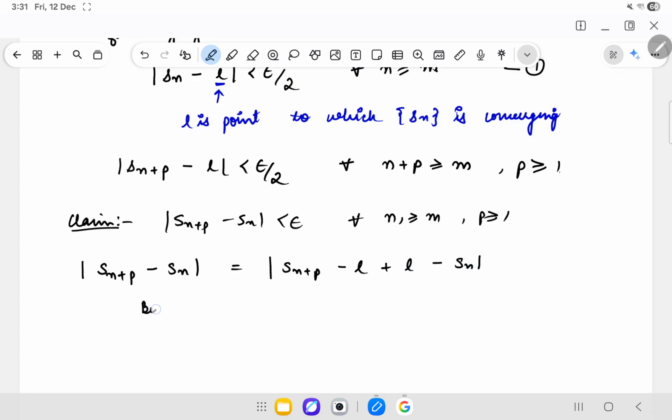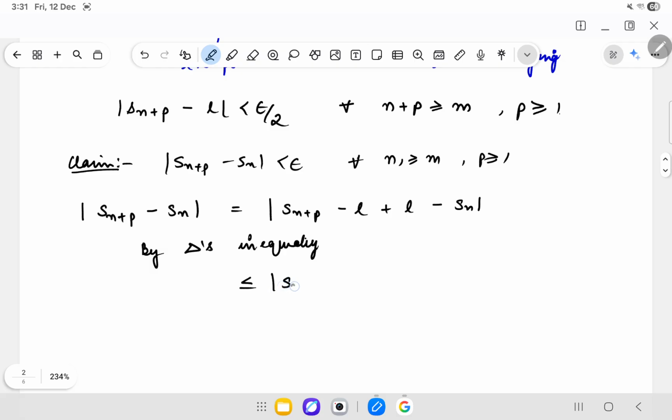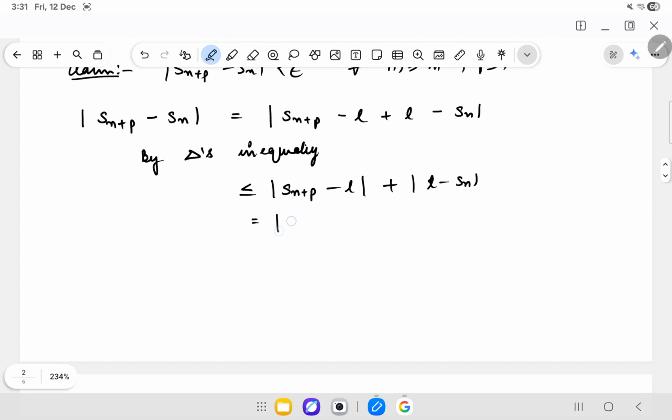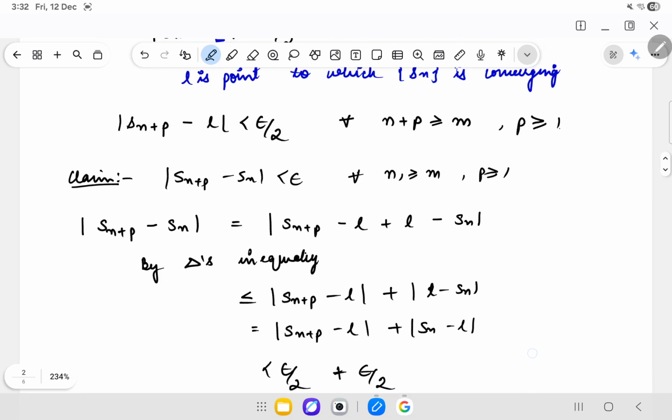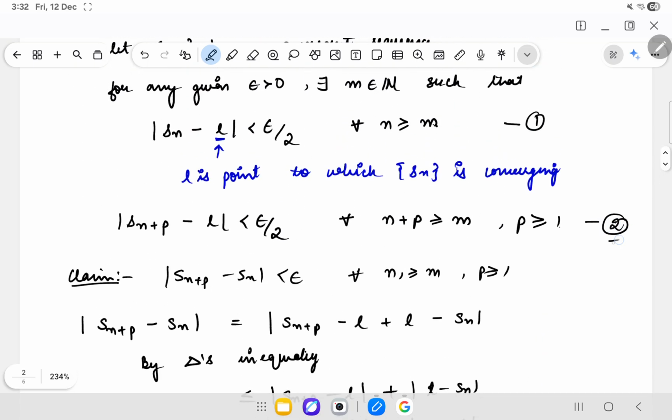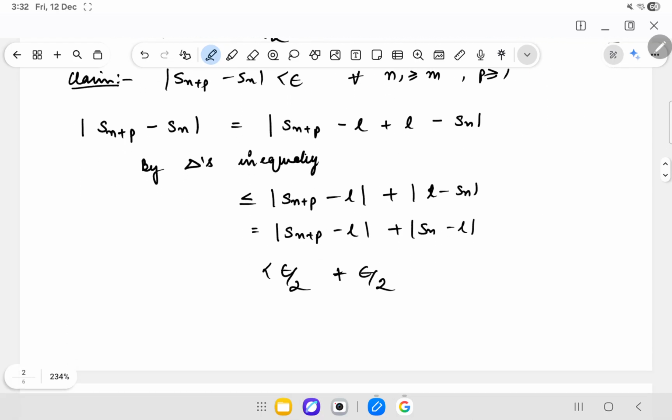Now by triangle inequality, this is less than or equal to the absolute value of Sn plus p minus L plus the absolute value of Sn minus L, and this is less than epsilon by 2 and this is also less than epsilon by 2, using equation 1 and equation 2, and it holds for all n greater than or equal to m and for all p greater than or equal to 1.